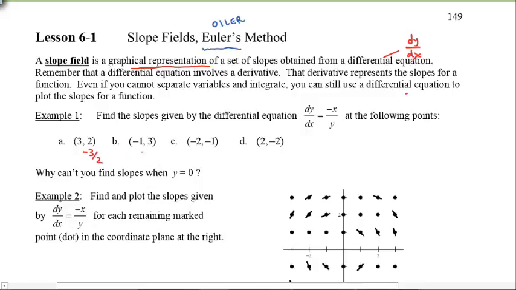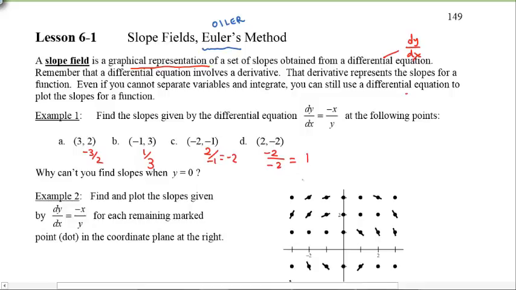For the next one, it's negative of negative 1, so that's 1 over 3. Then negative and negative 2 is positive 2 over negative 1. And for 2, negative 2, if I plug it into the equation, that's negative 2 over negative 2, which is just equal to 1.